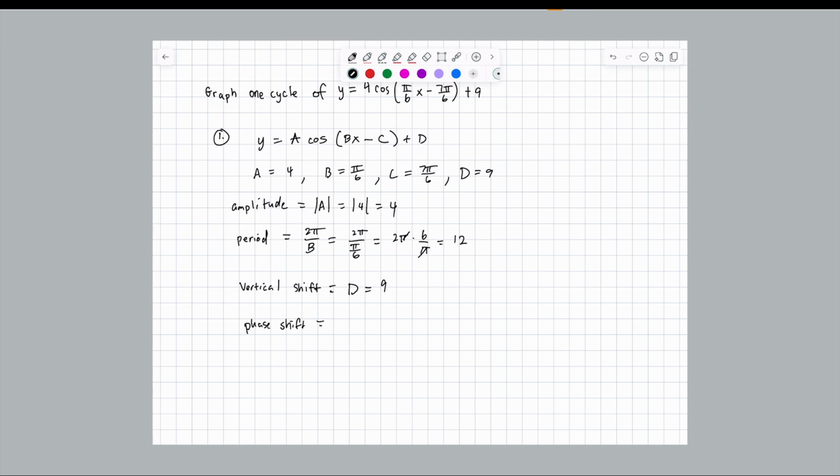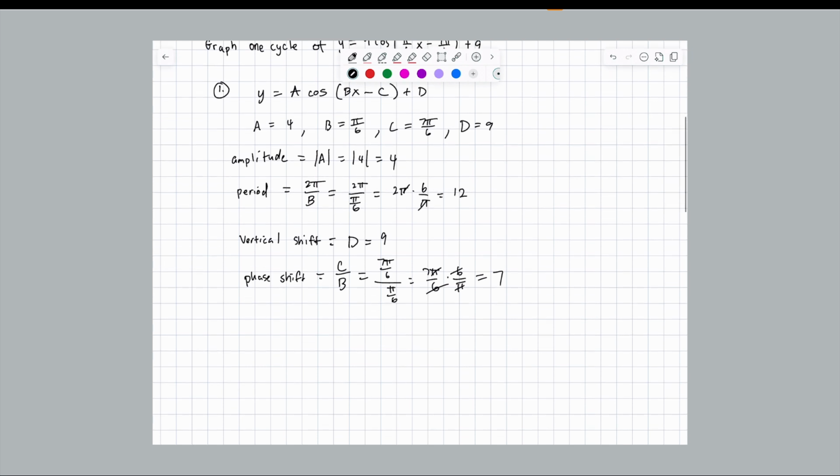The phase shift is equal to c over b. So 7 pi over 6, all divided by pi over 6. So 7 pi over 6 times 6 over pi. So the 6's cancel along with the pi's, leaving us with 7.